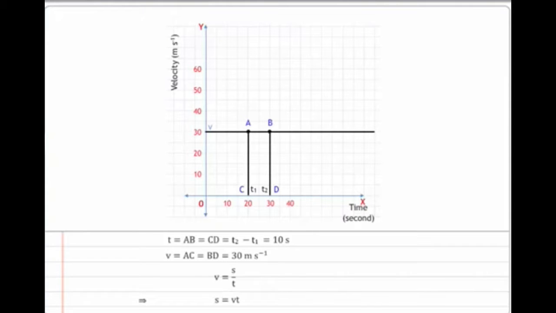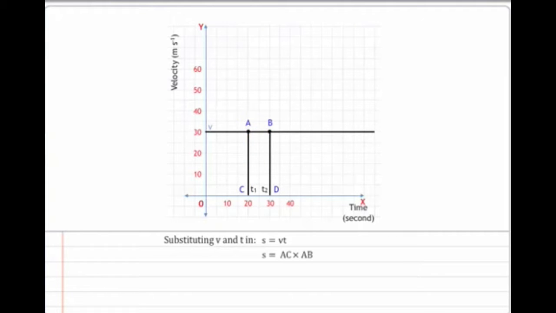Therefore, we can say that displacement is the product of velocity and time taken. Substituting v and t in the expression, S is equal to Vt, we get S is equal to AC multiplied by AB.